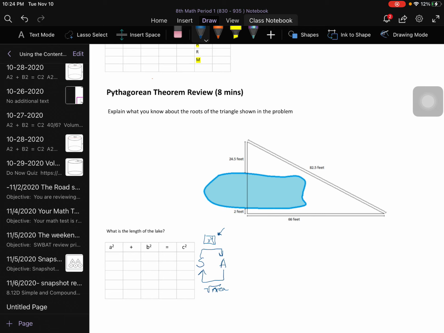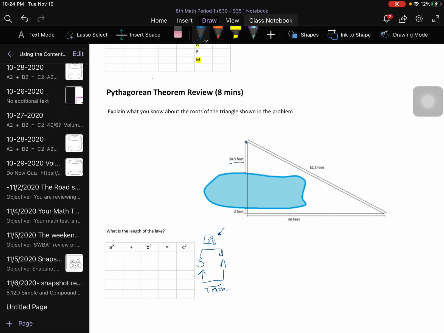When we look here, we see 4 different numbers. Cool. And we want to know what is the length of the lake. Well, do we even need the Pythagorean theorem? Is the length of our lake 24.5 feet?